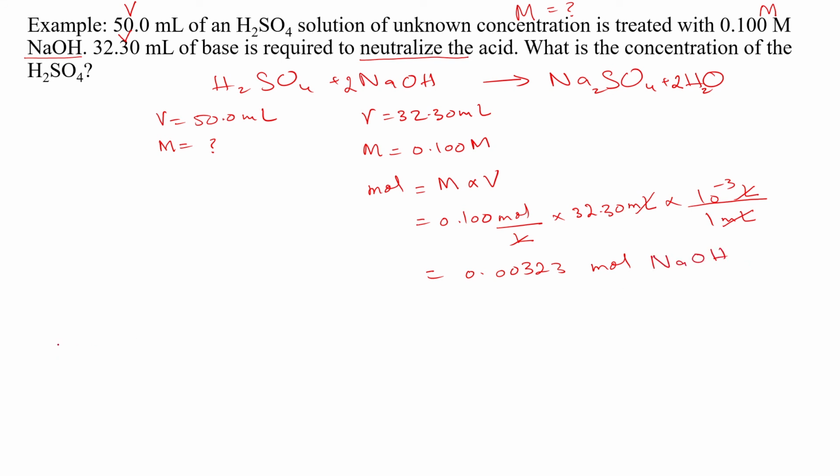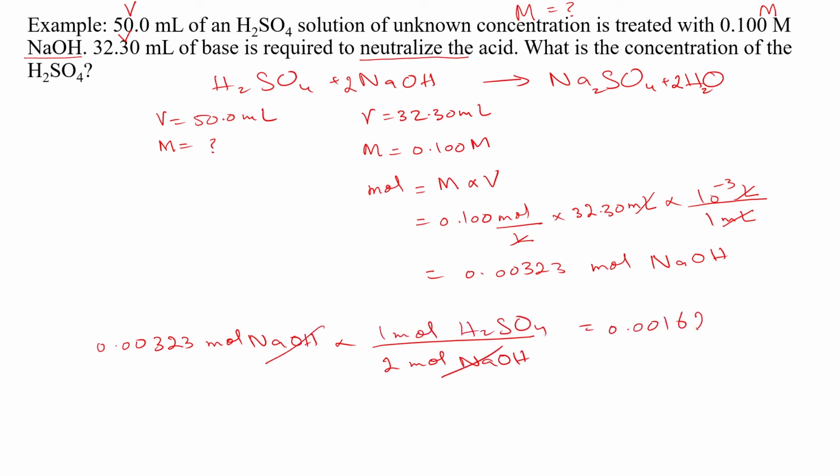Remember, our next step is to convert the moles of hydroxide to moles of sulfuric acid. So let's do that step. We need the mole ratio from the balanced equation. So 2 moles of sodium hydroxide are needed for every 1 mole of sulfuric acid. Okay, so these are the moles of sulfuric acid.